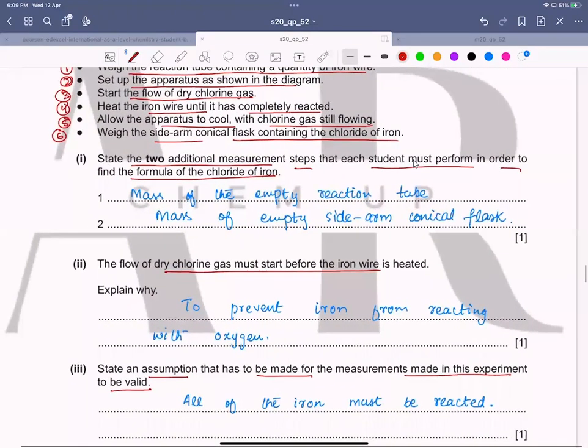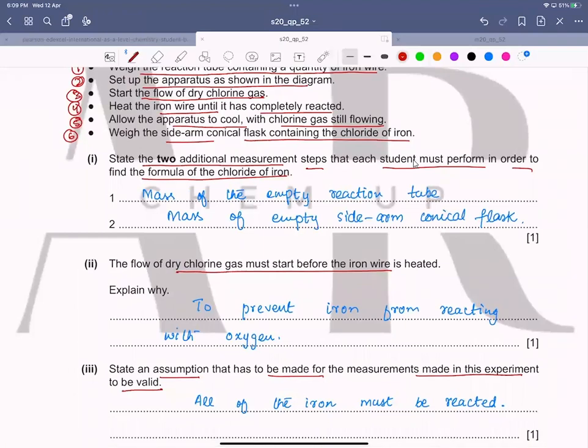We need the mass of the empty conical glass, right?